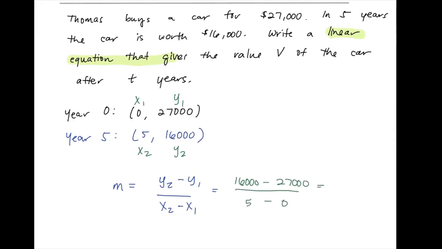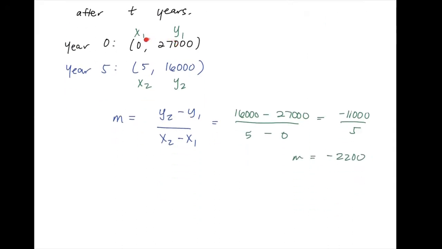Because we want the line that passes through both points, it doesn't matter which point you pick to write it in point slope form. So because this point has a 0, I'm going to use this one. So to write in point slope form, y minus y1 is equal to m times x minus x1. So my y1 is going to be the 27,000, and the x1 is going to be our 0.